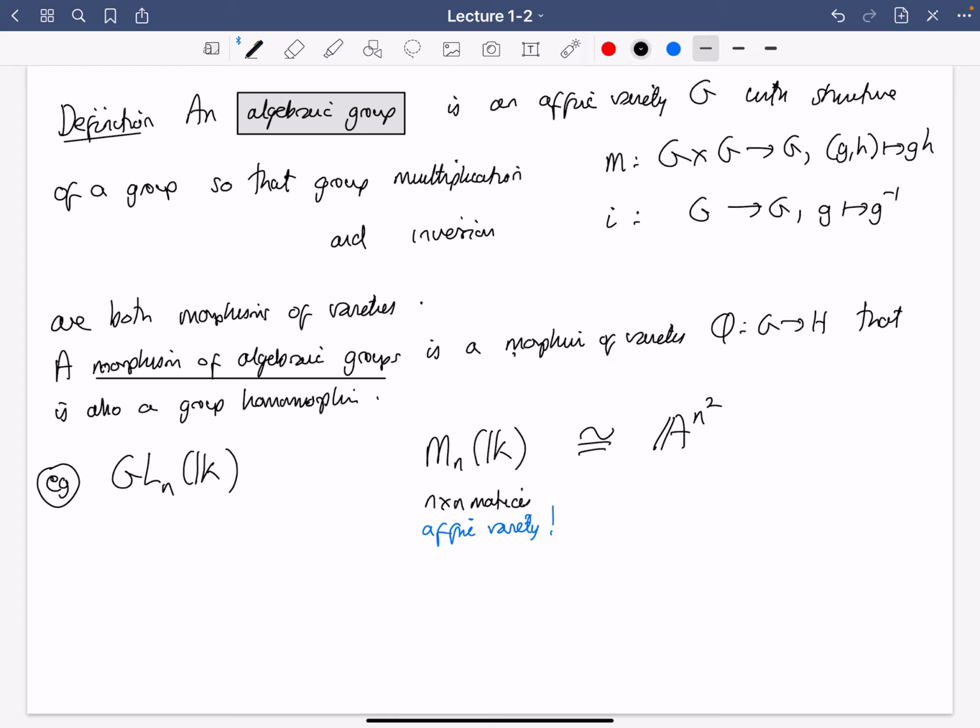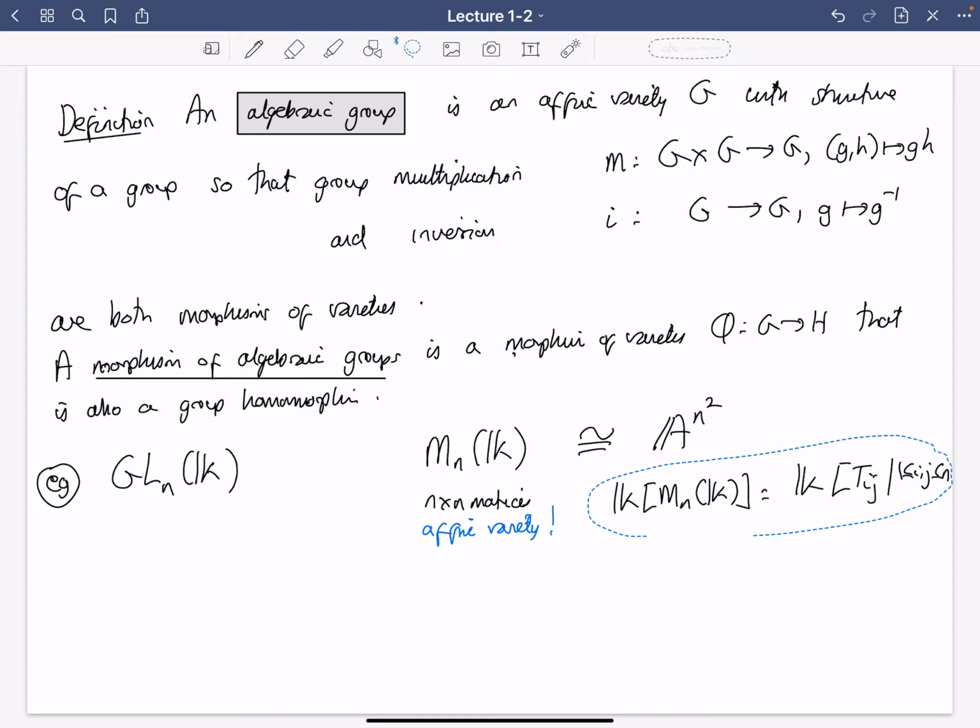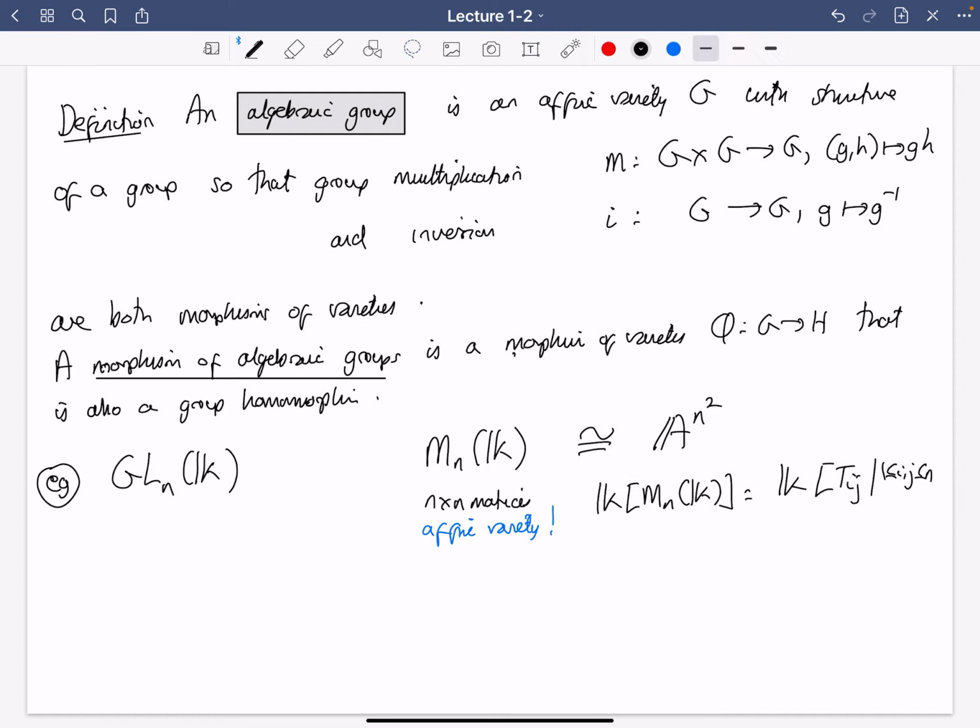The coordinate algebra, for example, of n by n matrices is just polynomials in n squared indeterminates. That's how I usually write it, as T_ij. So T_ij for i and j between 1 and n is just the ij coordinate function picking out the ij entry of an n by n matrix.